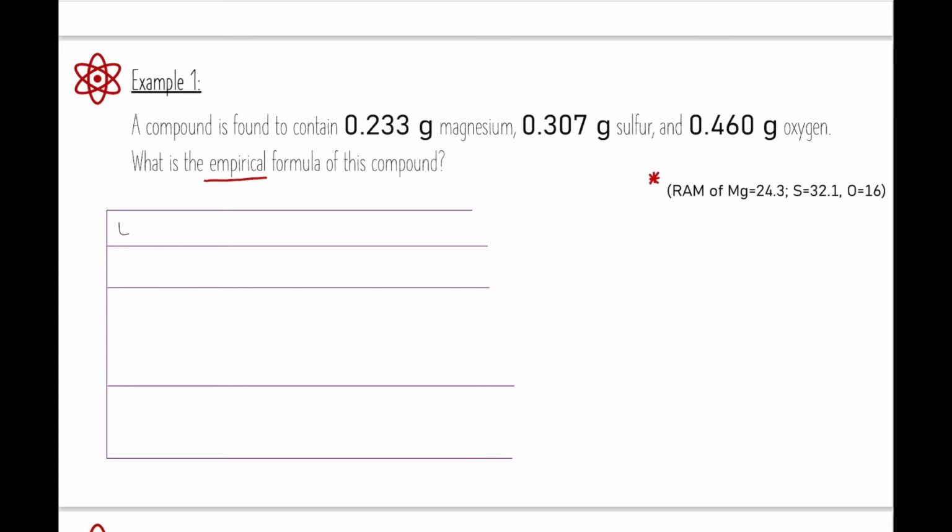First of all, construct a table consisting of elements, mass with the unit of gram, number of mole with the unit of mole, and the formula to calculate mole is mass divided by molar mass, and the last one is ratio, or the simplest ratio.